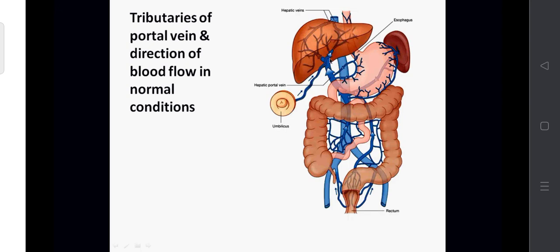But in certain conditions where there is obstruction to this blood flow, for example, in cirrhosis of liver, then the blood flow can reverse and it will give rise to certain important clinical conditions which we will discuss later.